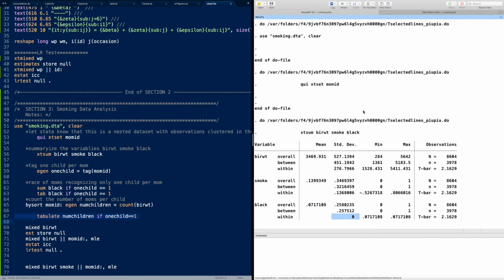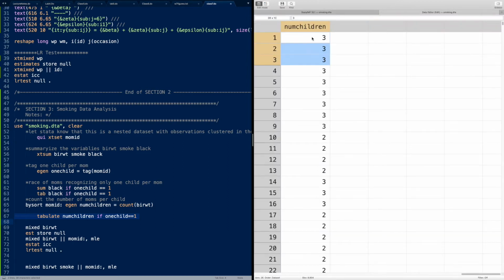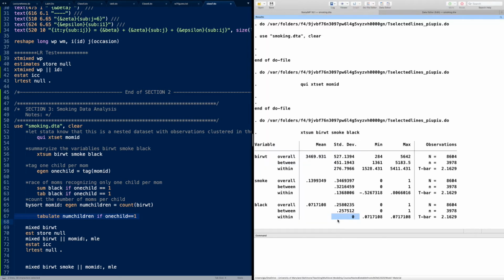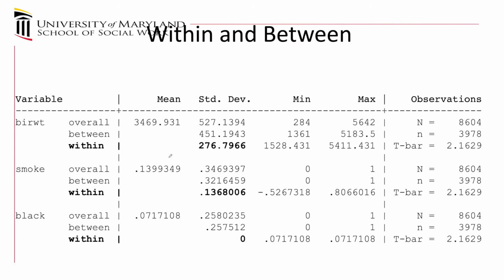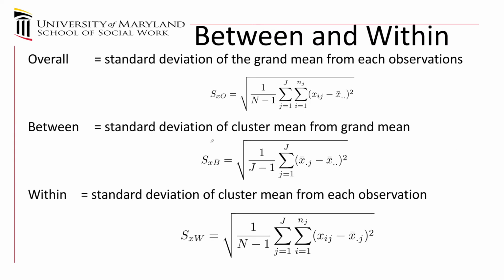So for the mothers that had 3 births, we would get 3 blacks for them. Well, we don't want that because we don't need to weight these mothers at 3 and this mother at 2. That makes no sense. So we need to think about what is varying and what is not varying with our data.